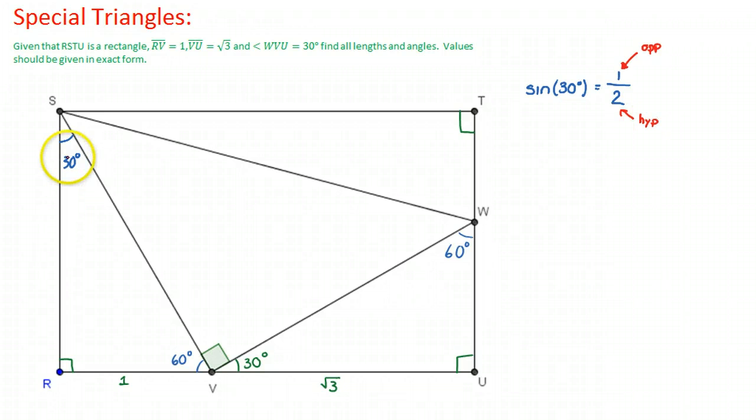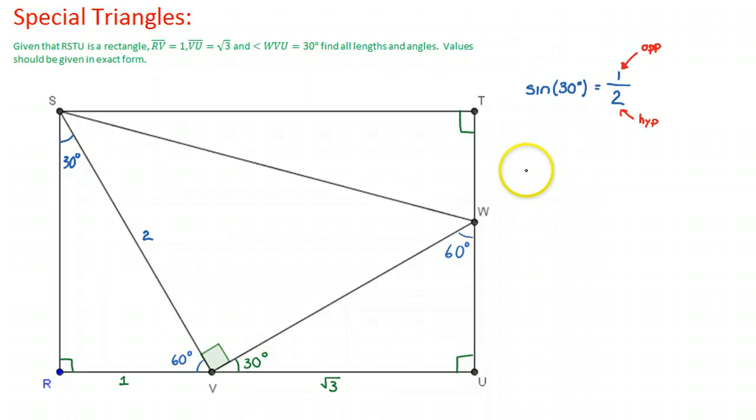So if I take a look at this 30 degrees, if this 1 here is the opposite, that means this has to be a value of 2. And if this is the value of 1 and this is the value of 2, we can then calculate length SR using Pythagoras' theorem.